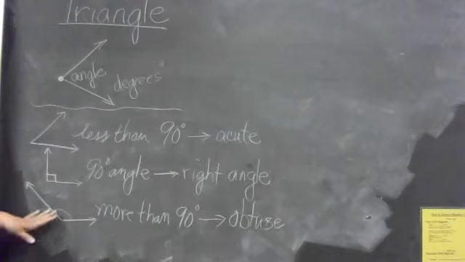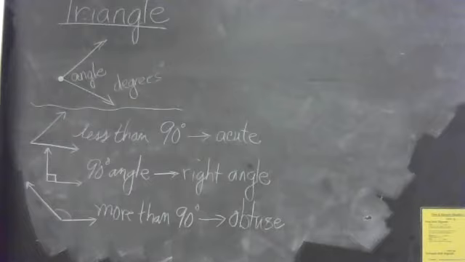The way they taught us in high school, they said an obtuse is great big. It's like the word obese. Obese, obtuse, it's like a big angle. So that'll help you remember that word, I hope.